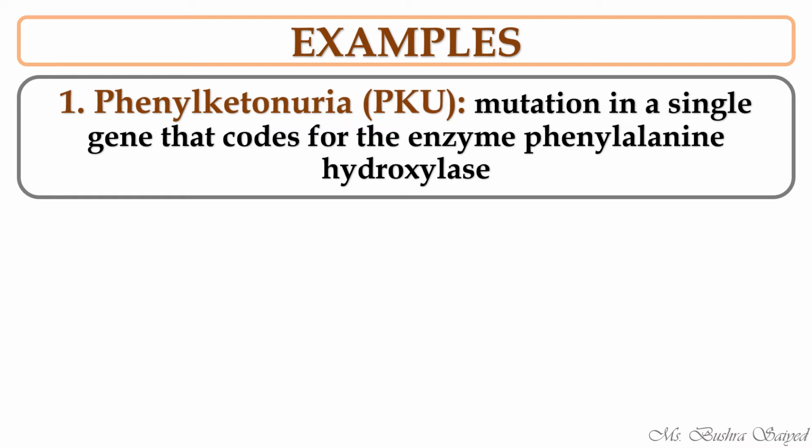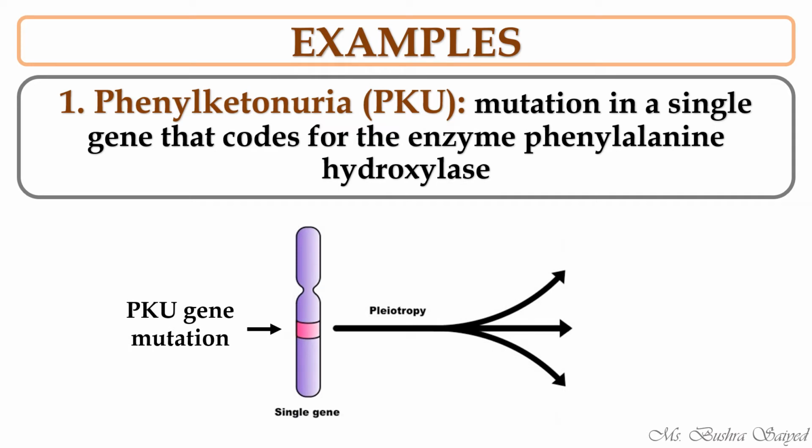This enzyme converts phenylalanine to tyrosine. If this enzyme is mutated, then phenylalanine will not be able to convert into tyrosine. Because of that, phenylalanine will accumulate in the body and show side effects.